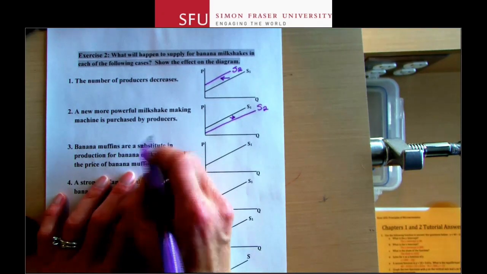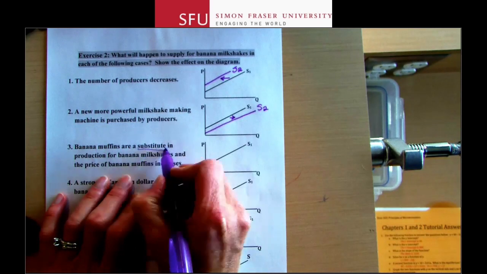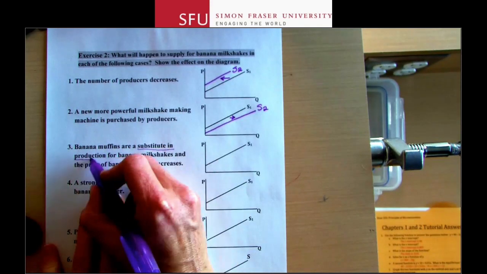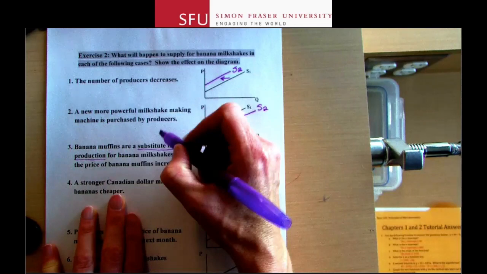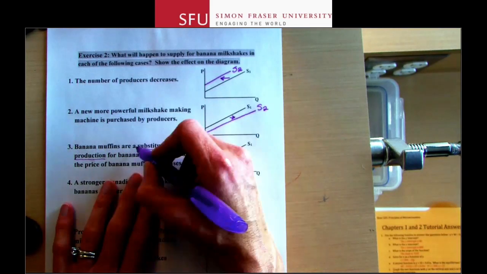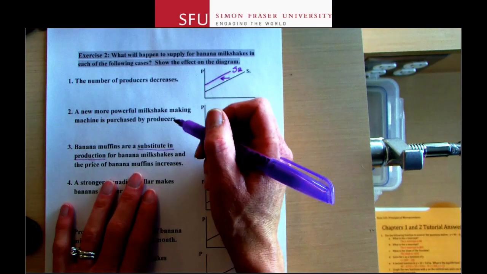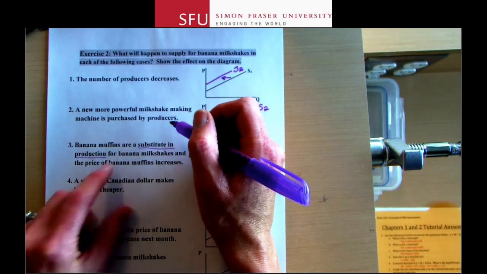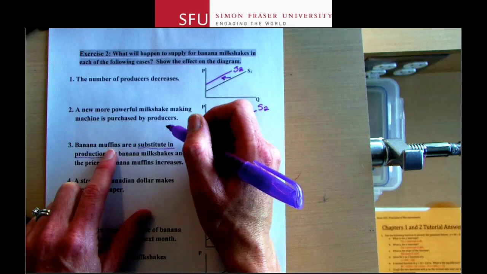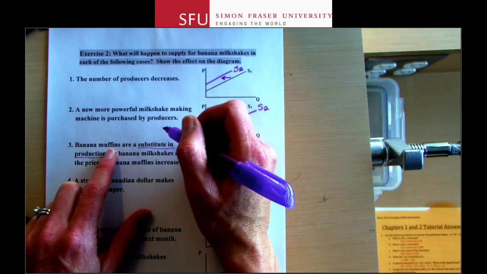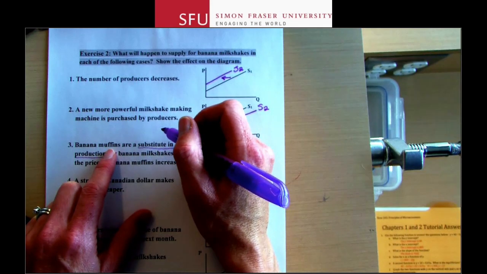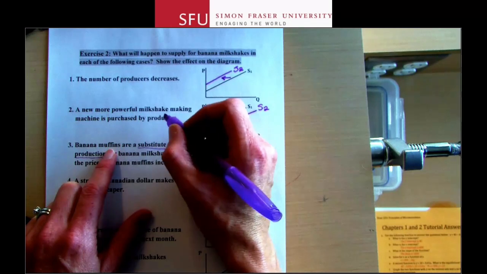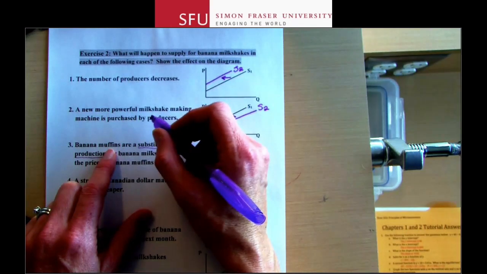Okay, banana muffins are a substitute in production. Remember, the word substitute means something different for the producer compared to what it means for a consumer. For a consumer, the muffin and the milkshake would not be substitutes, right? A substitute for the banana milkshake would be maybe a chocolate milkshake, something that's very similar, just a slightly different flavor.